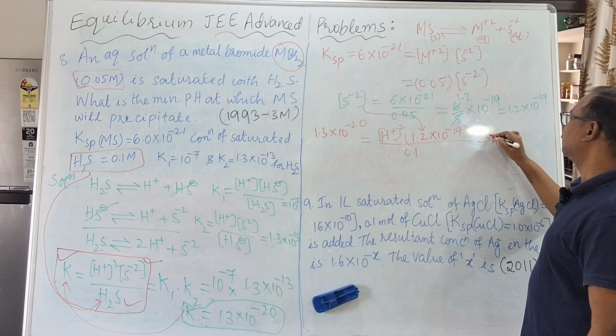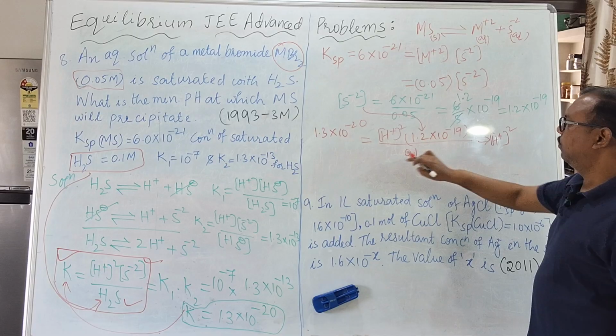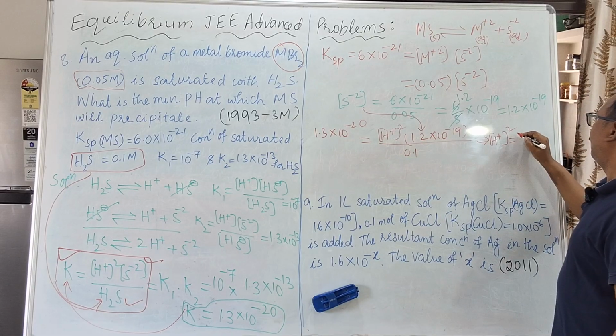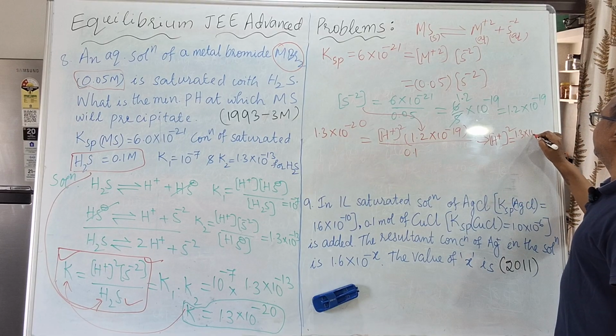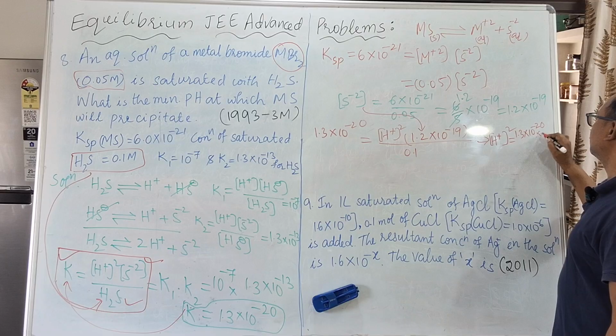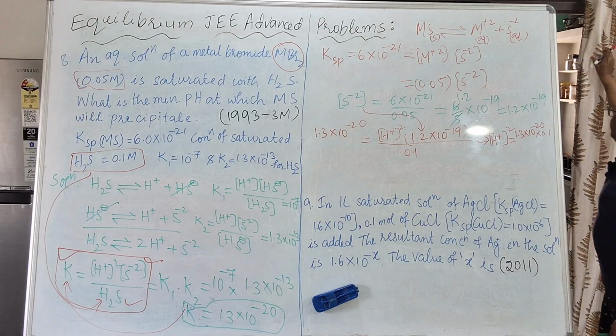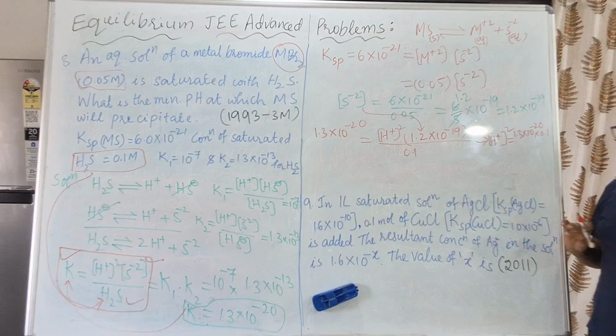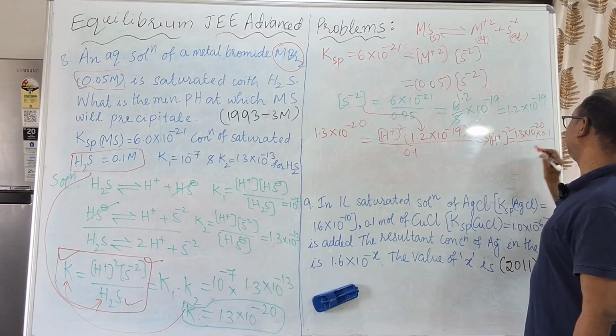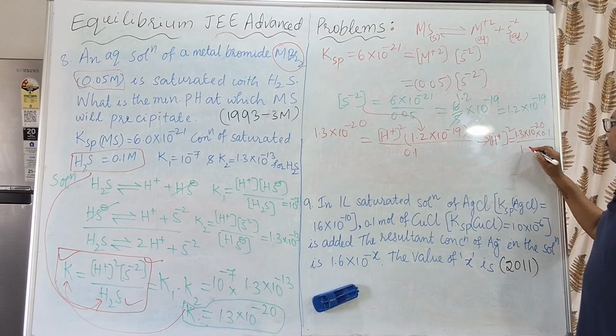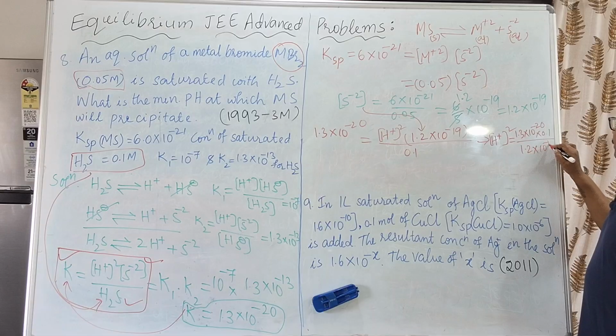Concentration of H plus square is equal to 1.3 into 10 power minus 20 into 0.1, I am writing here into 0.1, and divided by 1.2 into 10 power minus 19.